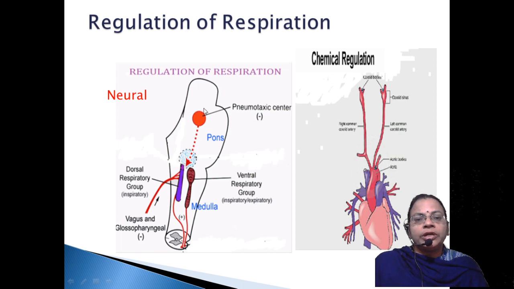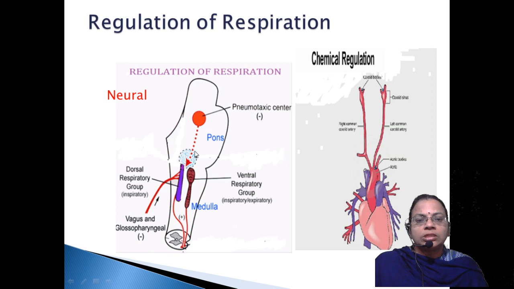And moderating the functions of respiration is done by the pneumotaxic center, by regulating the respiratory rate and the duration and depth of breathing.